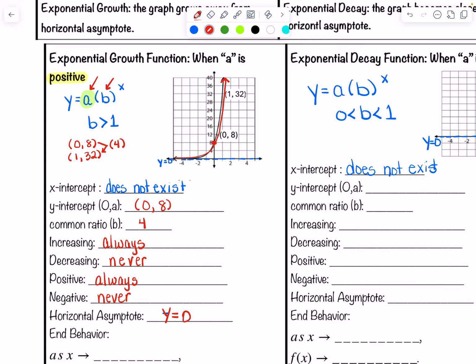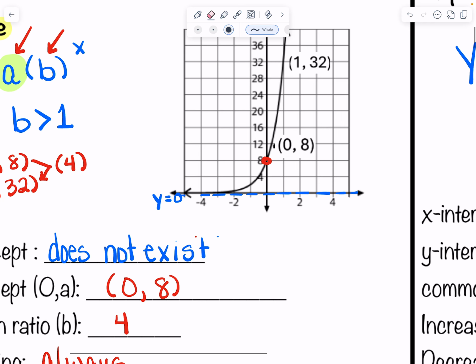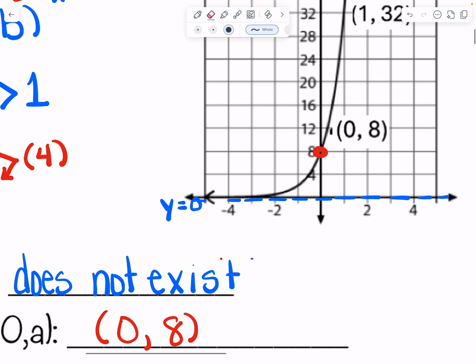Now, as for the end behavior, when we're looking at the end behavior of the graph, we're looking at the left side and the right side of the graph. So this left arrow, if the graph was coming from the left, it would be coming from negative infinity, and it got really close to 0, okay?